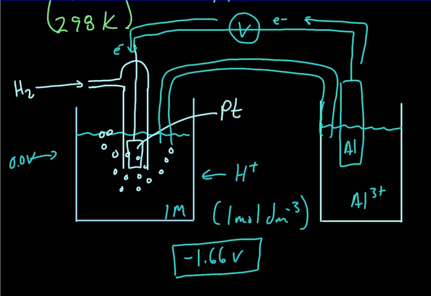Probably not. You've got to supply gas and set up this outrageous scenario. But what it does do is give you a standard by which to measure all the other metals. Therefore, if you know the difference between the hydrogen cell and one metal, and between hydrogen and the other metal, you can find out what the voltaic cell's voltage will be overall. Does that make sense? Okay.